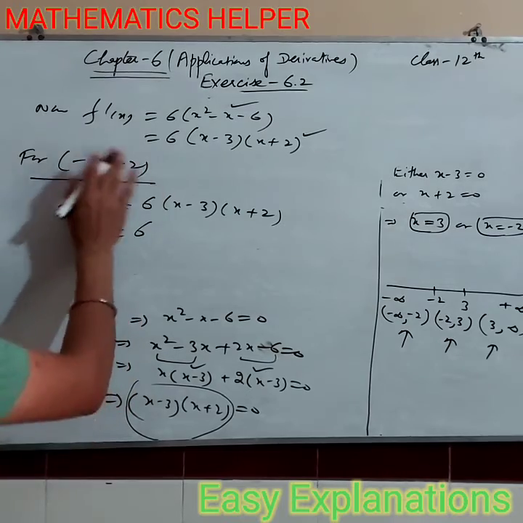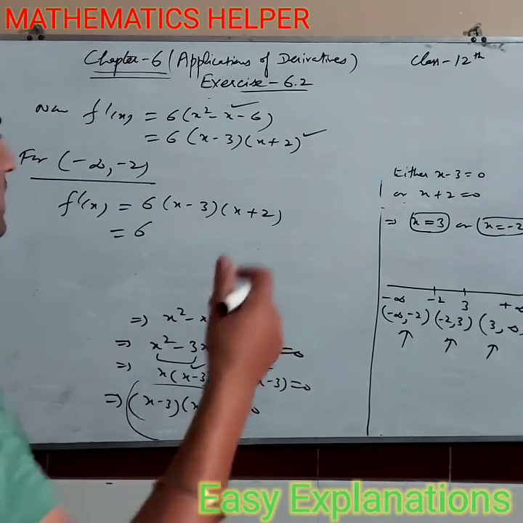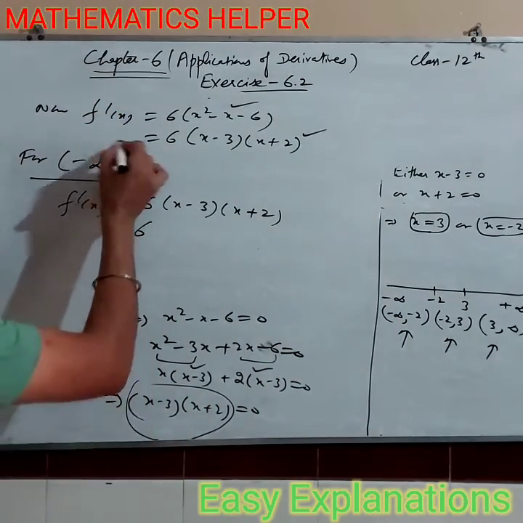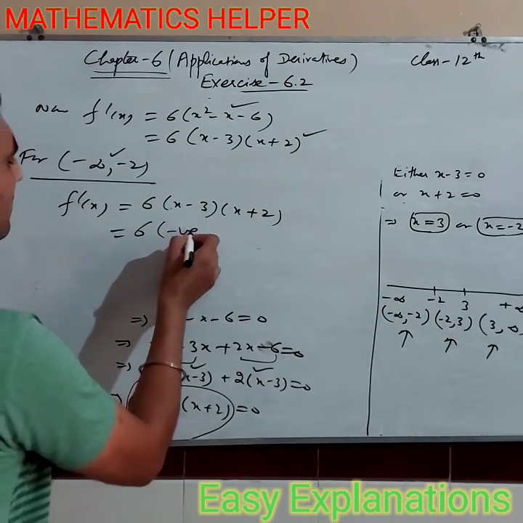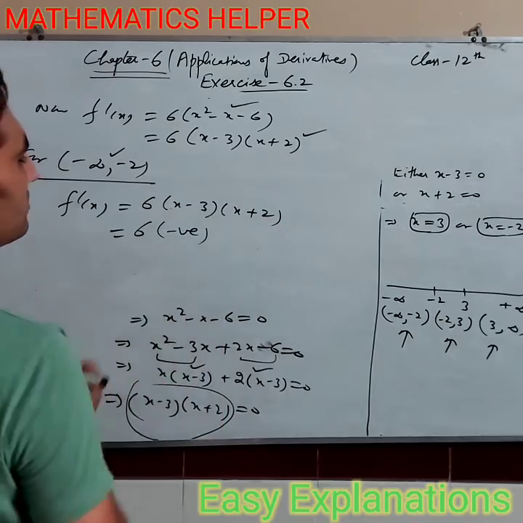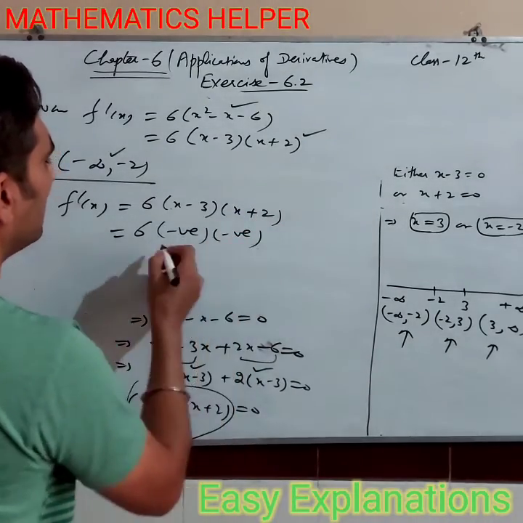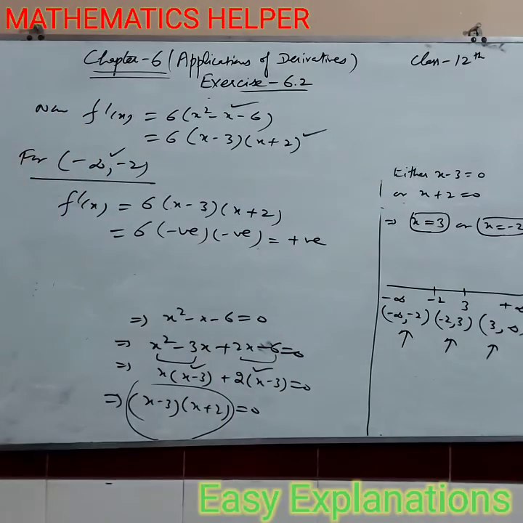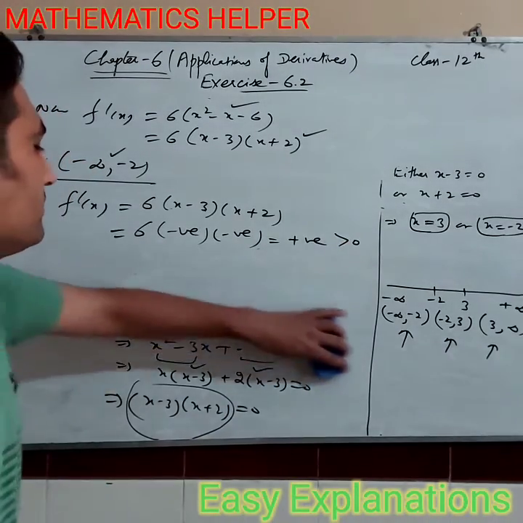Your numbers are from minus infinity to minus 2. Choose any negative number. For example, if I choose minus 3, that is in this interval, minus 3 minus 3 will give minus 6, which is negative. Minus 3 plus 2 will give minus 1, which is again negative. Negative into negative will give positive. So our overall answer will be positive, which we can say is greater than 0.